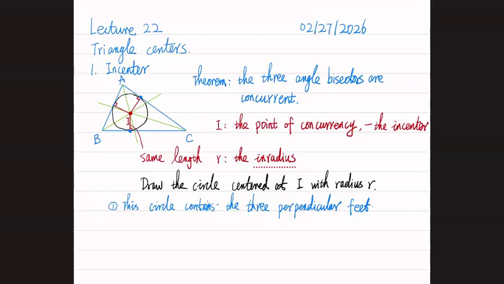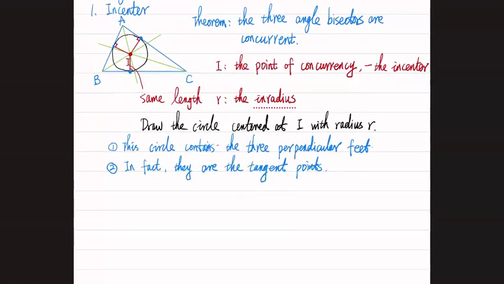Not only does it contain the perpendicular feet, it's also tangent. So because of this, we call this circle inscribed.